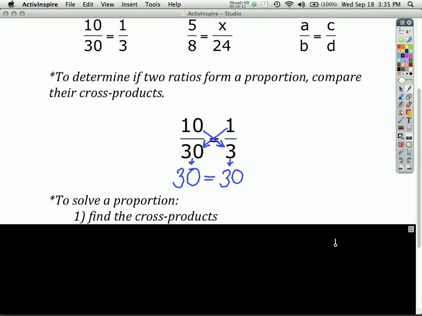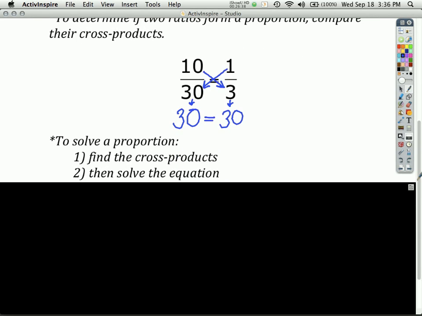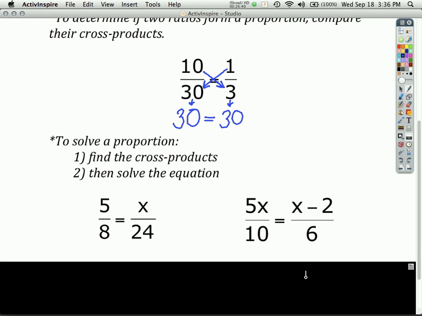After you find the cross product, you're going to end up with an equation, which means step 2 is solve the equation. So with this example, all 4 spots in the proportion are numbers, so we ended up with a number equals a number. But what happens if we have missing pieces?